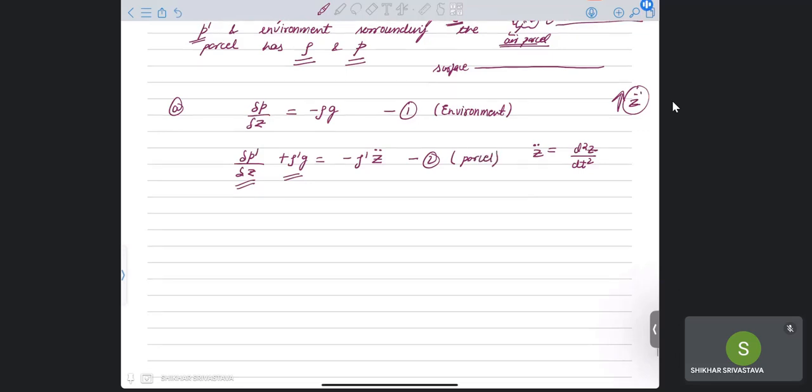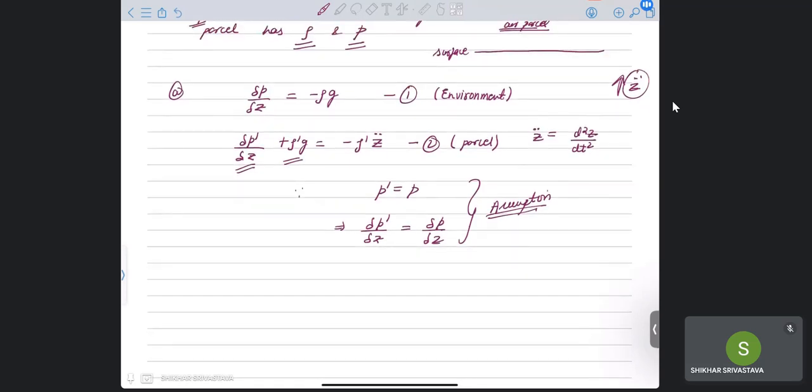Now, remember one thing, the one assumption which we made, that at any level, the parcel's pressure will be equal to the environment pressure. That means at any time del P dash by del Z will be equal to del P upon del Z. This is an assumption for an air parcel, which is observed also.